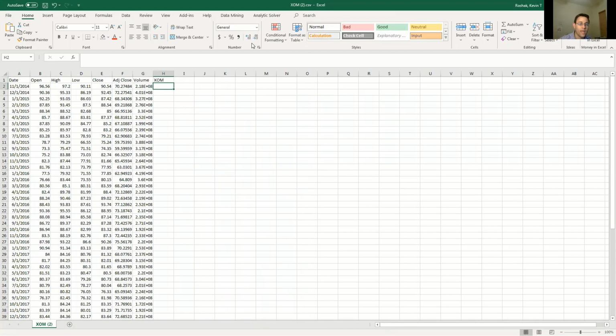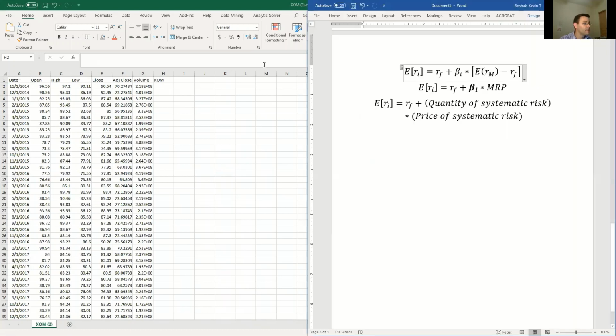But remember, for CAPM, I also need to get data on the market. I need to know how the market is moving at the same time Exxon is moving. So in this example, my stock I is ExxonMobil. I need to compare that to moves in the stock market.